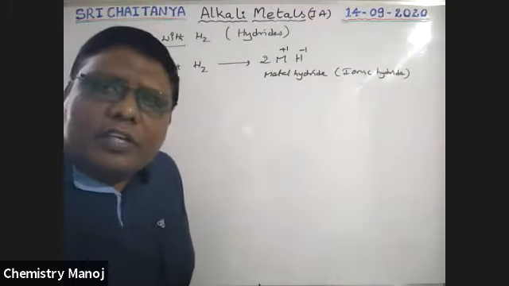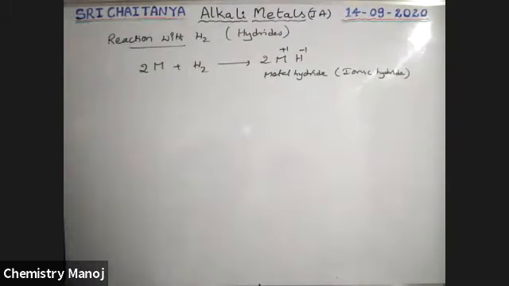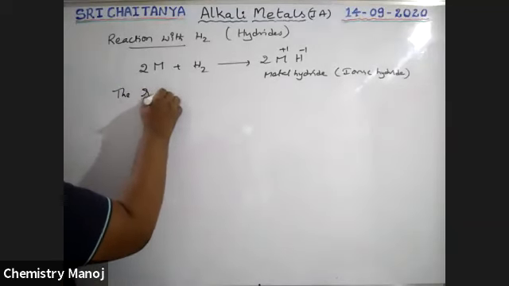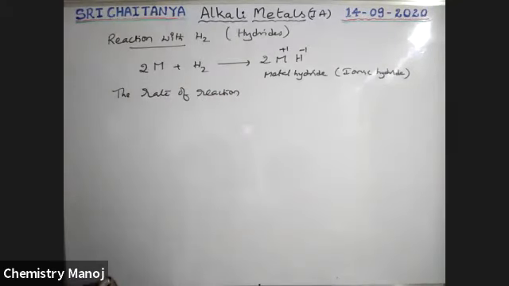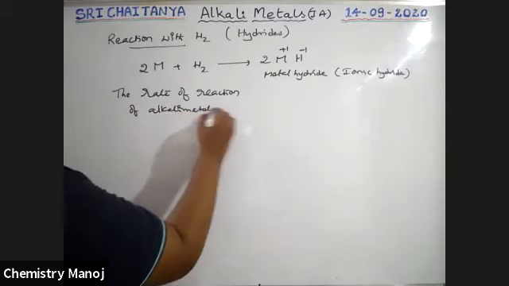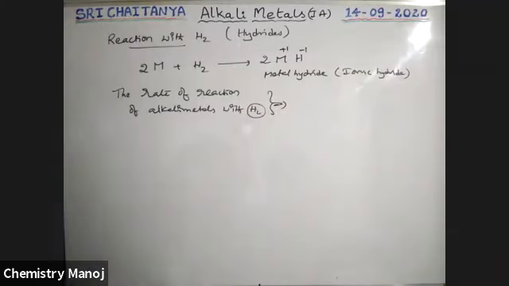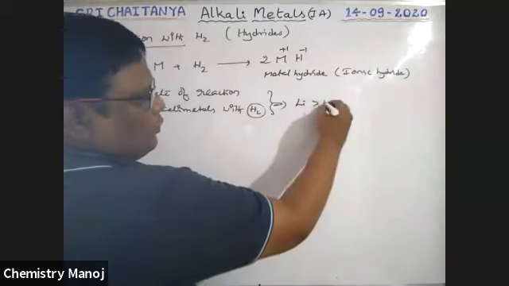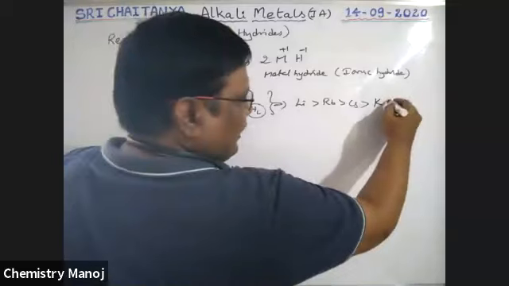This hydrides topic we already discussed. So these are ionic hydrides, guys. Now the rate of reaction. The rate of reaction of alkali metals with hydrogen is lithium greater than rubidium greater than cesium greater than potassium greater than sodium.